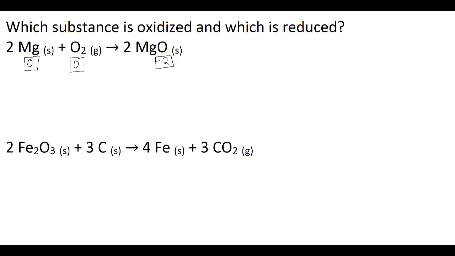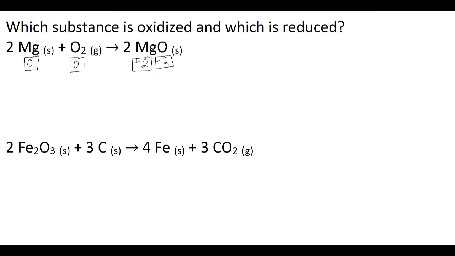It's a neutral compound. So the oxidation number for magnesium plus the oxidation number for oxygen have to equal 0. So the oxidation number for magnesium in the magnesium oxide compound is going to have to be +2, because +2 plus a -2 is going to give you a 0.